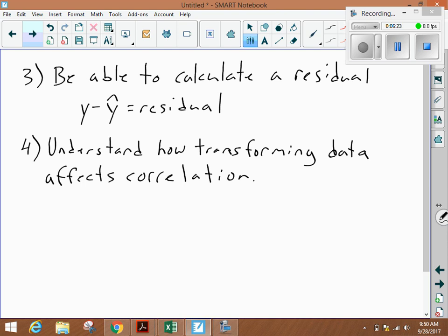Like we know, if we're going to transform data, we have this on the take-home quiz, right? If you're going to subtract 50 from every unit, it's not going to change your correlation at all, right? So keep that in mind.